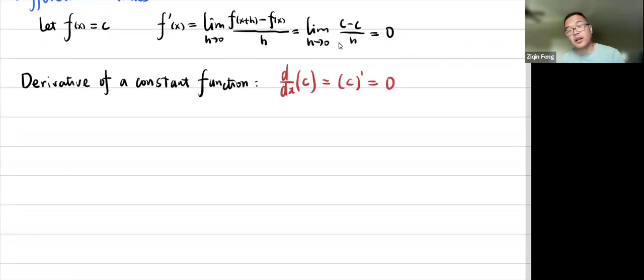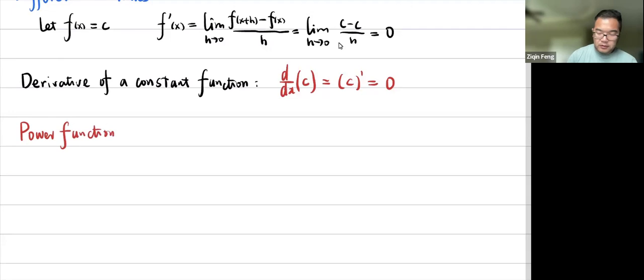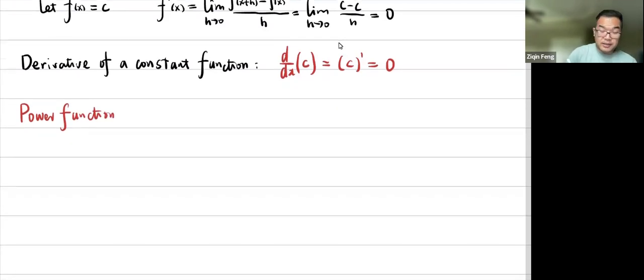So let's go to a little bit more complicated function: power functions, x to some number. An easy case: if you want to calculate the derivative of x, f of x is x.